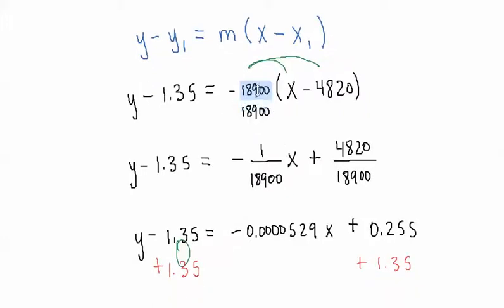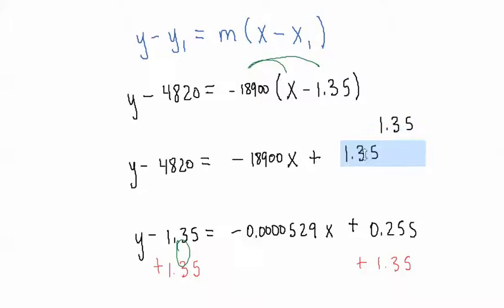we're going to multiply by negative 18,900 to each of these, except for, remember, if we switch the x and y's, then this is the y term from y1. This is the x coordinate for x1. So then we're going to switch all this out.